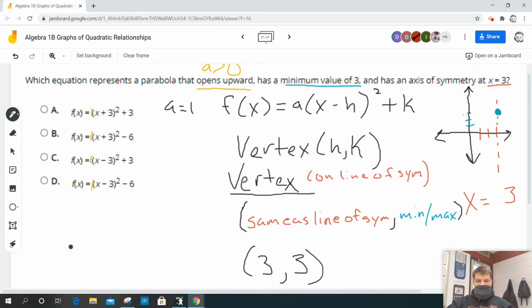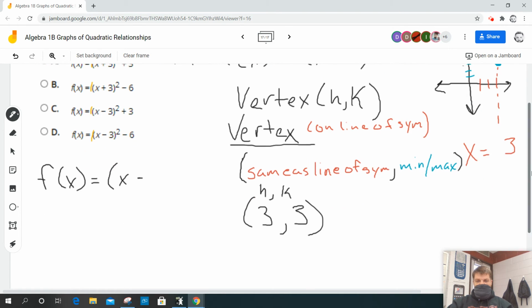So now I could just plug it into the formula. I could say f of x is equal to 1. I don't need to write the 1 down. x minus h. But what's h? 3, right? Because this is h comma k, which is also, we say h comma k for the formula, but it's really the x comma y.